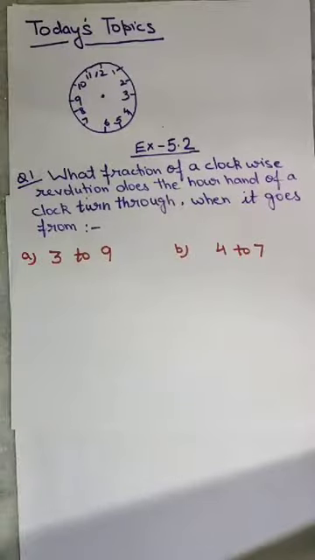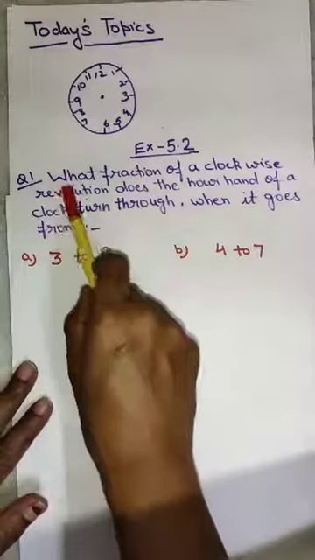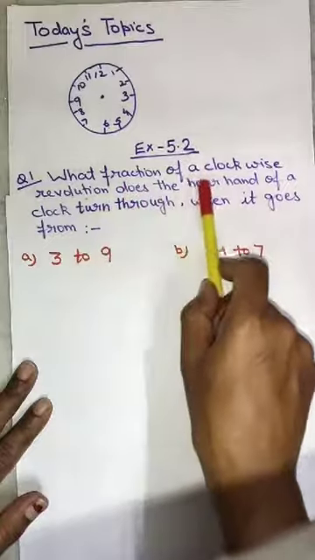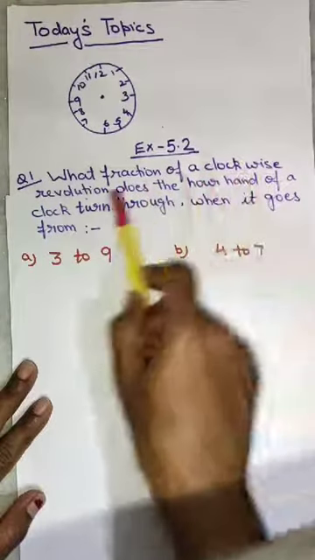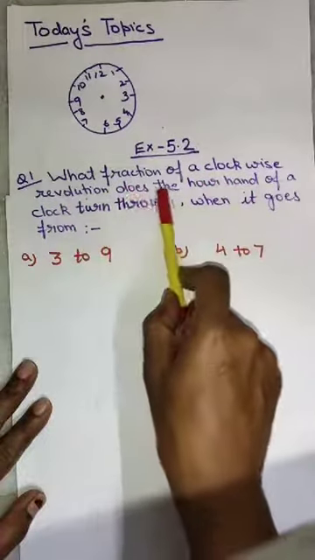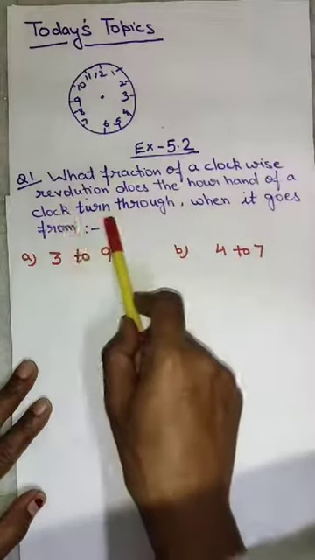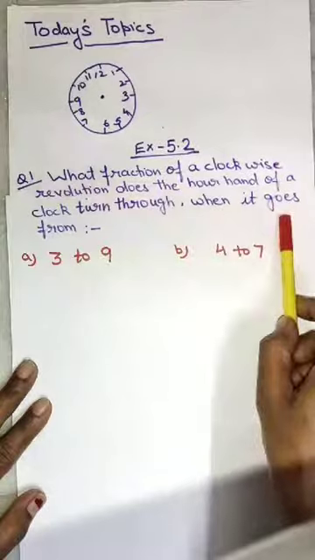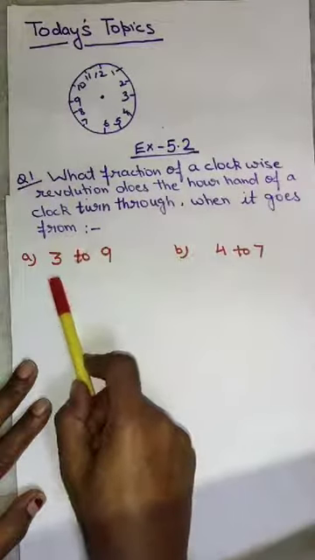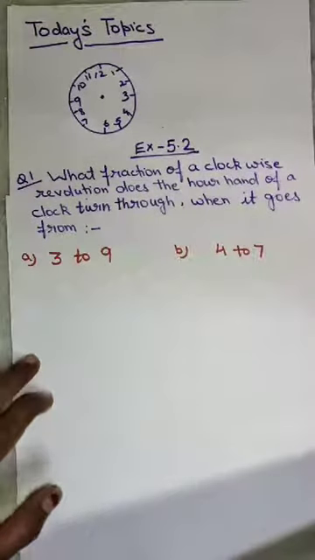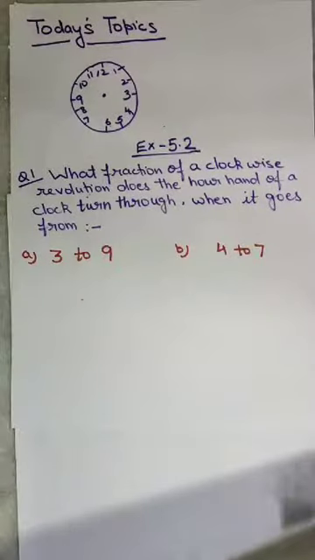Let me read question number 1. What fraction of a clockwise revolution does the hour hand of a clock turn through when it goes from 3 to 9? Let's understand the question first.